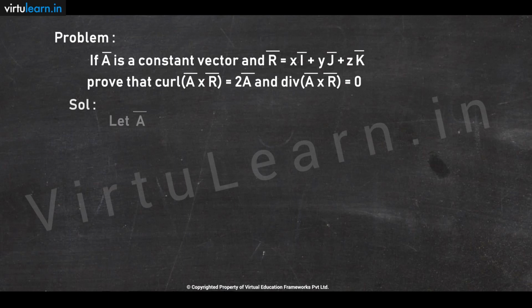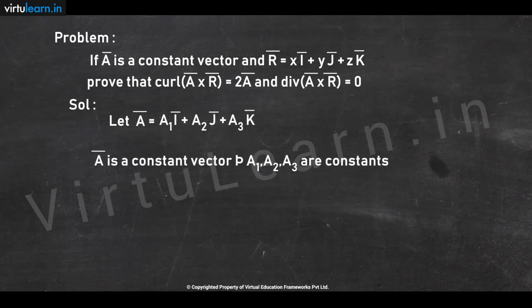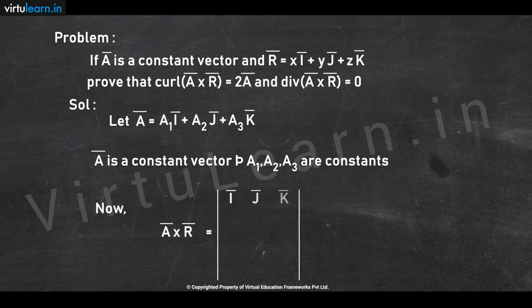We take a bar as a1i bar plus a2j bar plus a3k bar. A bar is a constant vector, which implies a1, a2, a3 are constants. We know that R bar is xi bar plus yj bar plus zk bar. So, a bar cross R bar is the value of the determinant with elements row wise i bar, j bar, k bar, a1, a2, a3 and x, y, z.